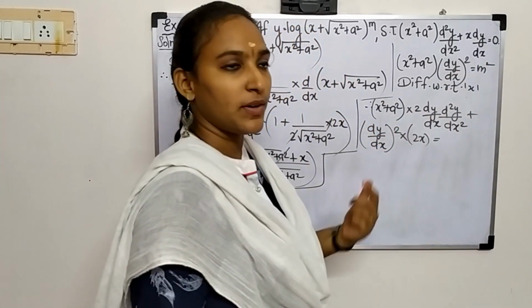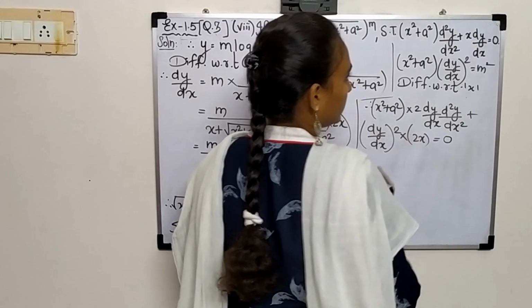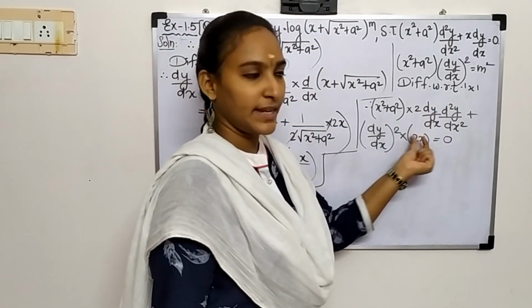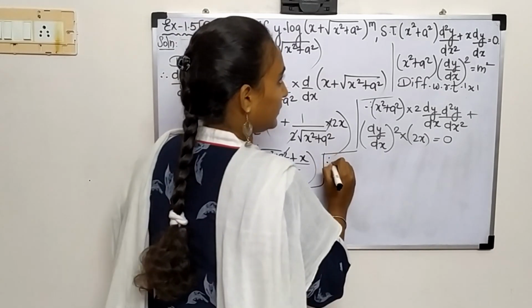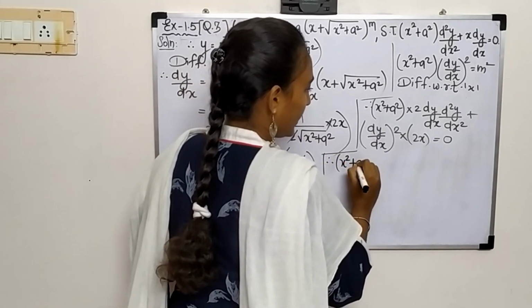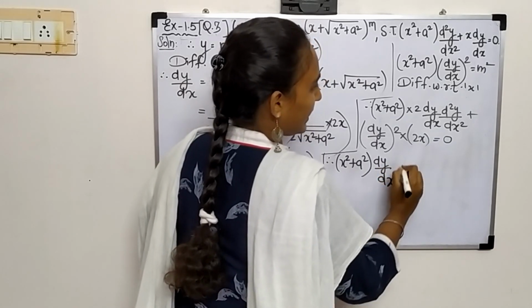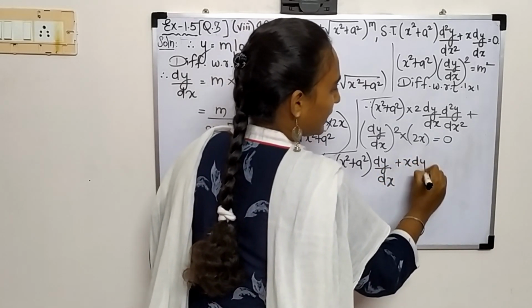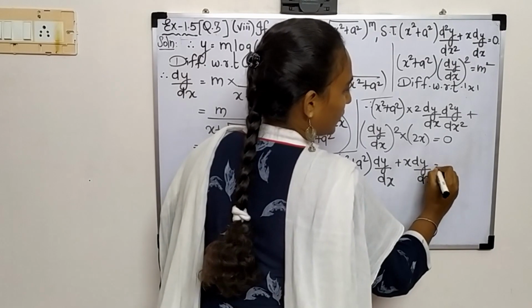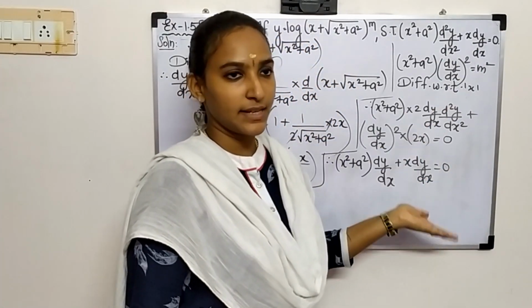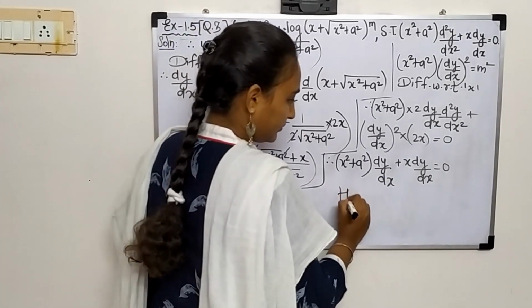And derivative of m square is 0. Now we can cancel out 2 dy by dx throughout. Therefore, x square plus a square d square y by dx square plus x dy by dx equal to 0. See, our answer is here and shown.